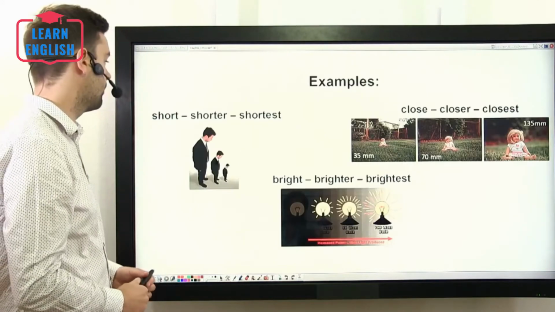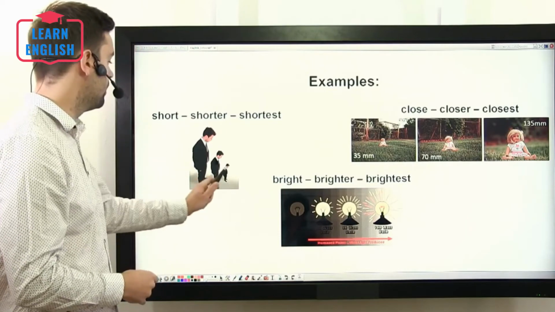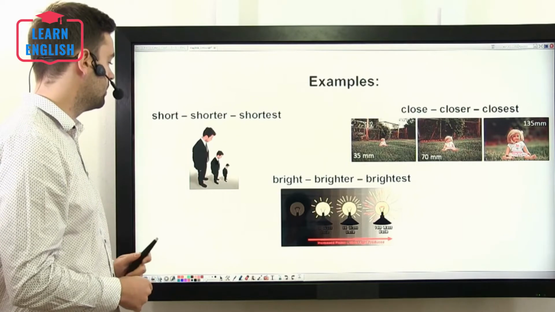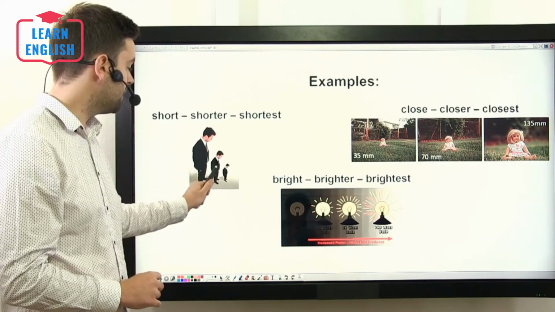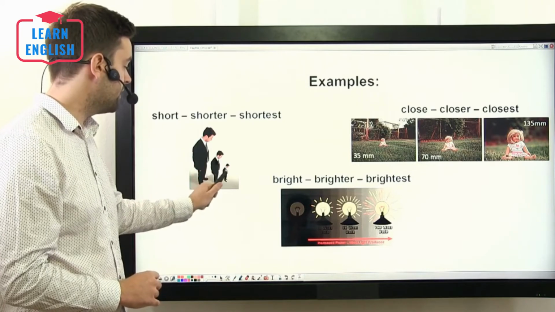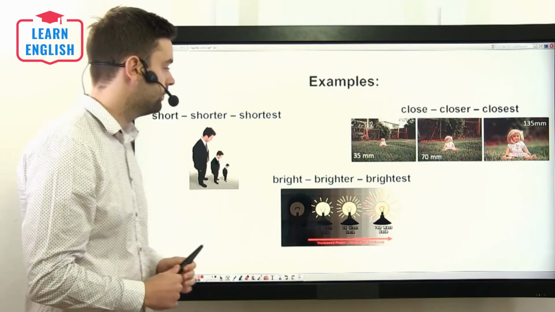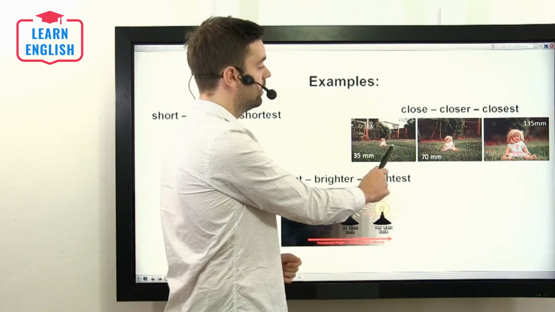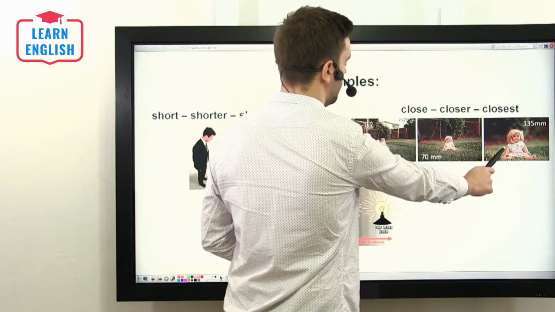So let's have a look at some examples. We have short, shorter, shortest. This person is short, this person is shorter, and this person is the shortest. This girl is close, this girl is closer, and this girl is closest.